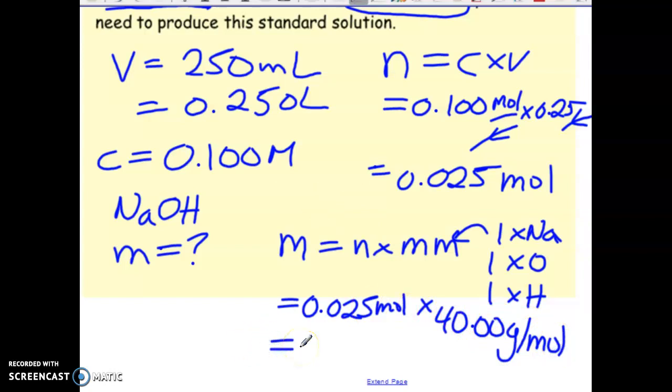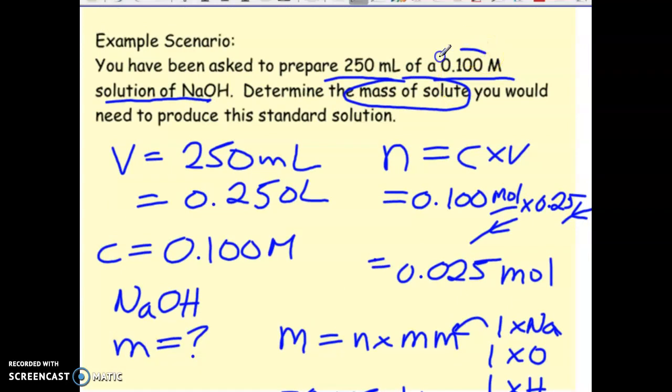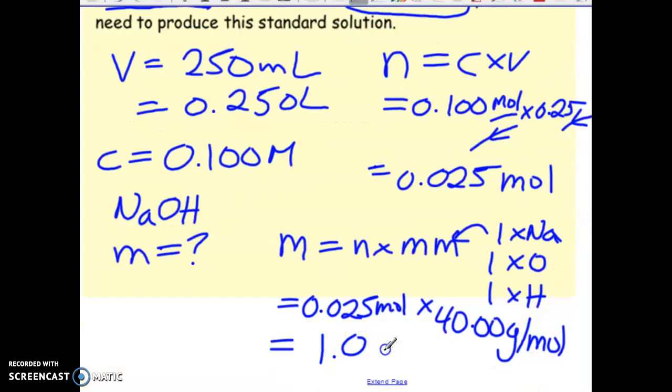Times 0.025, we get a mass of 1 gram. For significant digits, we have 3 in the concentration and here we have 2, so we need 3 significant digits, which we can do by simply adding on a 0.